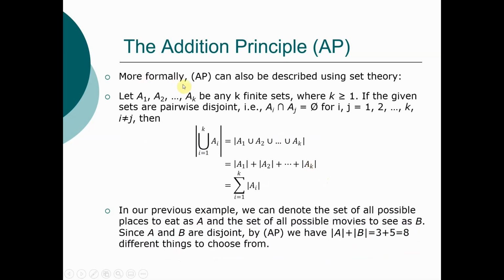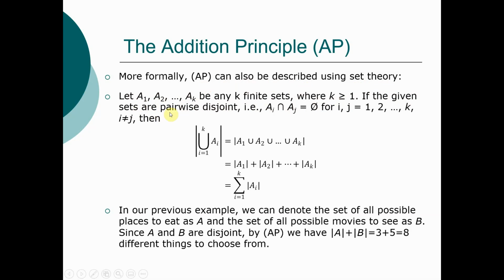More formally, the addition principle can also be described using set theory. Let A sub 1, A sub 2, all the way to A sub k be any k finite sets, where k is greater than or equal to 1.